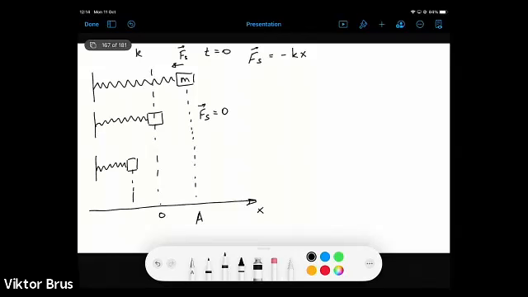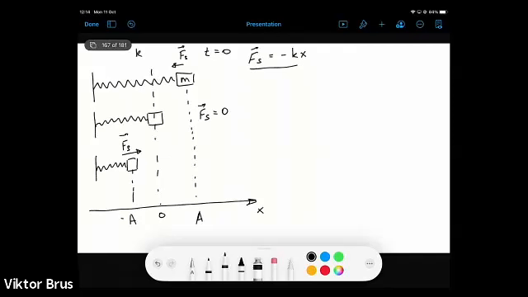So eventually it will come to some position minus A. We assume that there is no friction, no dissipation of mechanical energy, some ideal isolated spring-mass system. And here the spring force will be in the direction pointed from left to right.